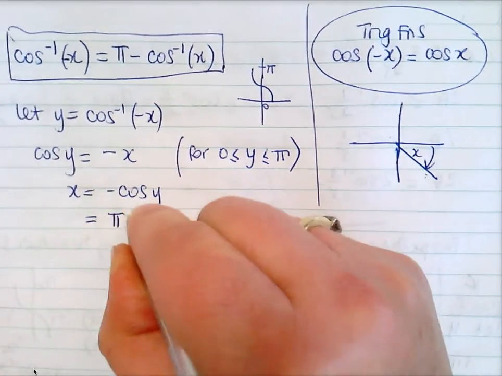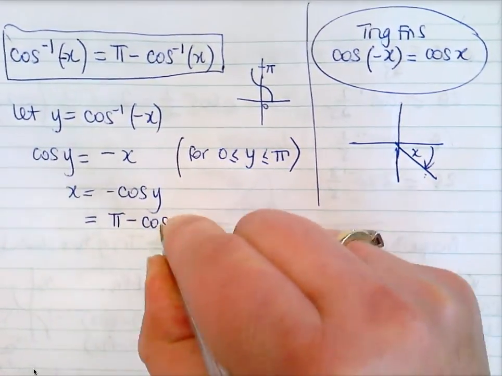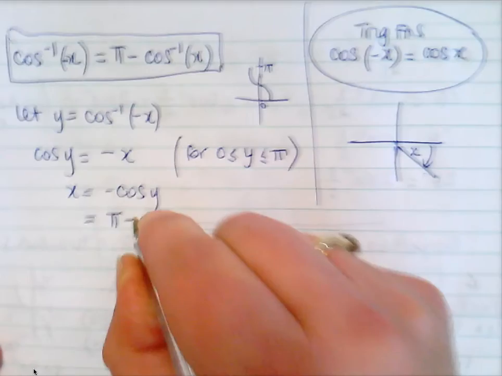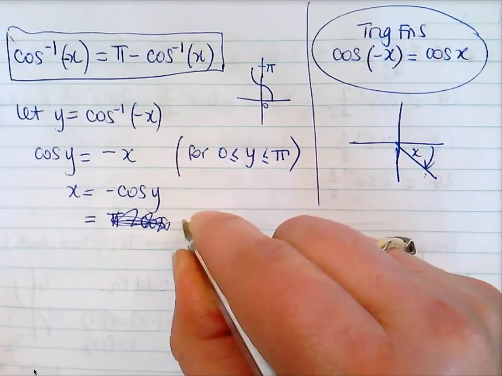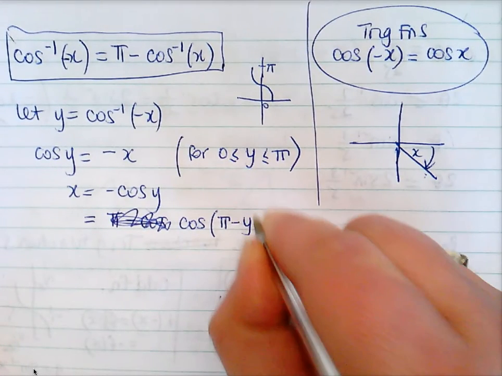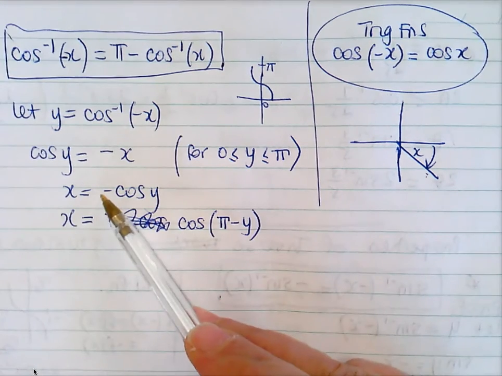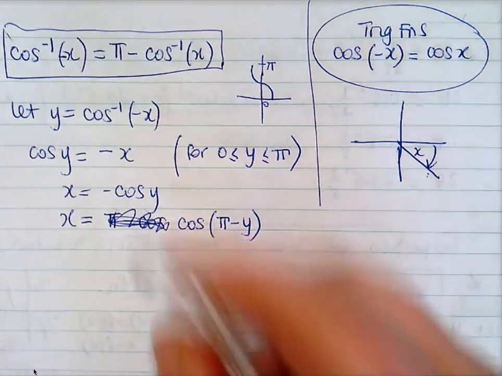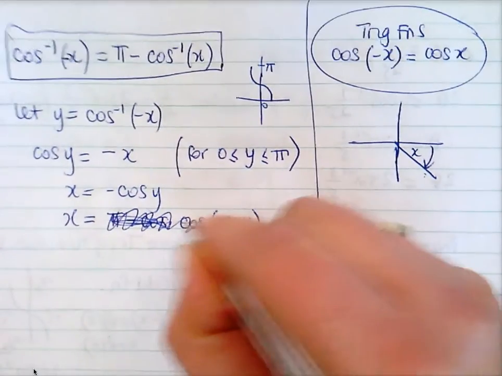So this is the same as cos of pi minus y. Why?